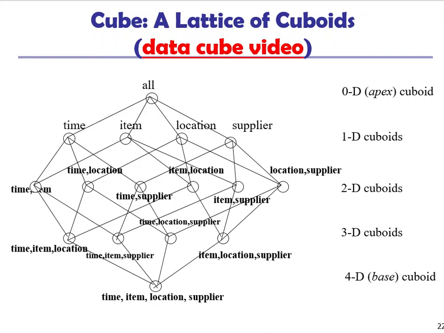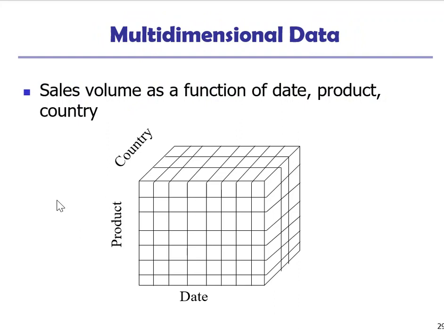What I'm going to show next is how to use a multidimensional array. So here conceptually, the cells have multiple dimensions, 3 dimensions: date, product, and country. And you can see right away that it can be represented in a 3-dimensional array.